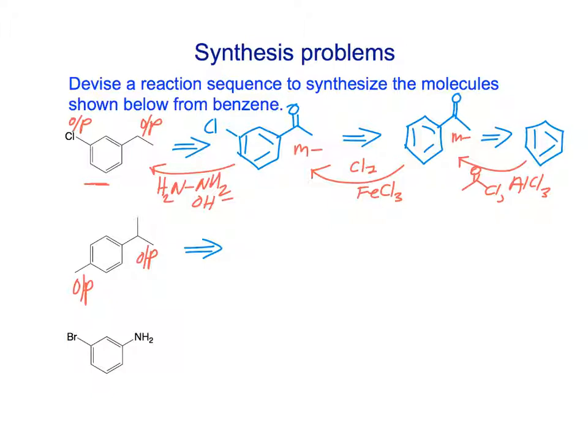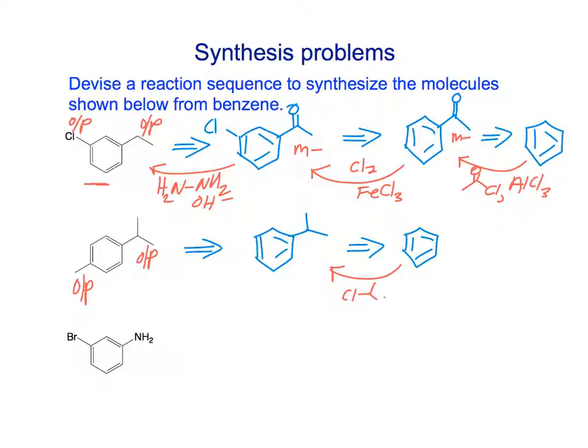Okay, so if we go back one, we'll go back to this with the isopropyl, and then from there back to benzene. So all we're going to do is 2 Friedel-Crafts alkylations. Okay, so we do this with, well, we can use 2-chloropropane, or we can use 1-chloropropane, right?